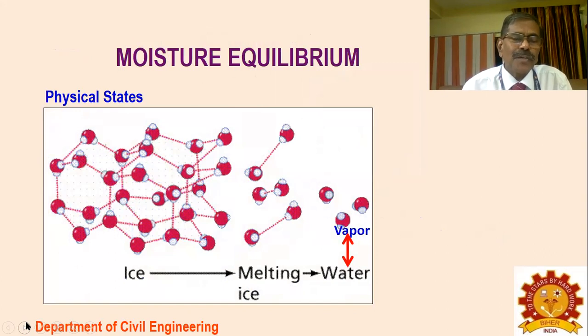When some energy is given, the bonding gets weaker and it flows like a liquid, because the bonding interactions between the molecules are lost with the higher energy. When more energy is given, it reaches the state of vapor, the gaseous state, where the molecules move independently. That is called the vapor state.